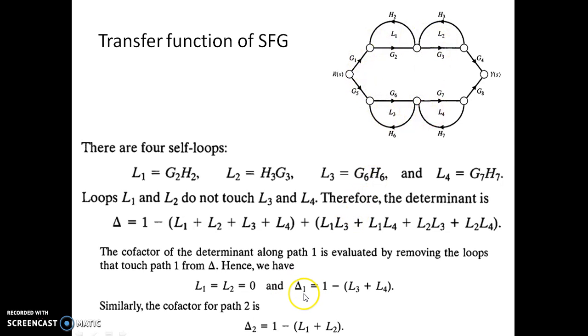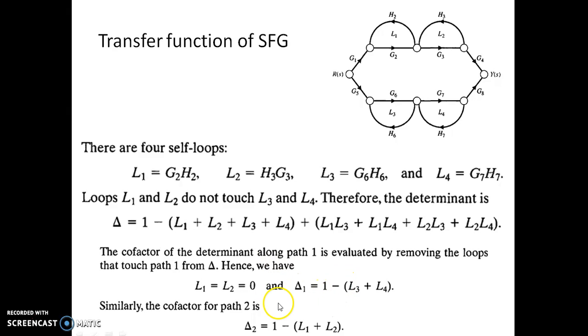So the loops not touching the first forward path are nothing but L3 and L4. So we have delta 1 equal to 1 minus (L3 plus L4). Similarly, for the path G5, G6, G7, G8, L1 and L2 are not touching this forward path. So delta 2 is equal to 1 minus (L1 plus L2).